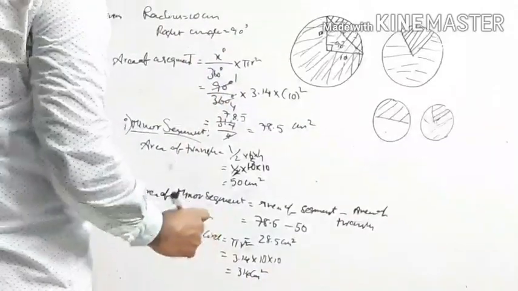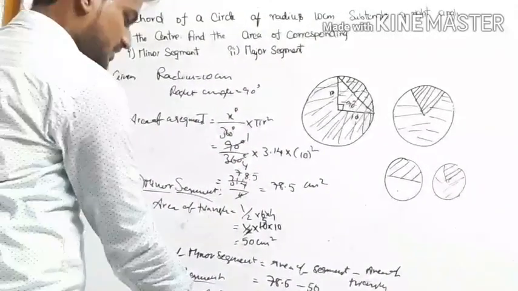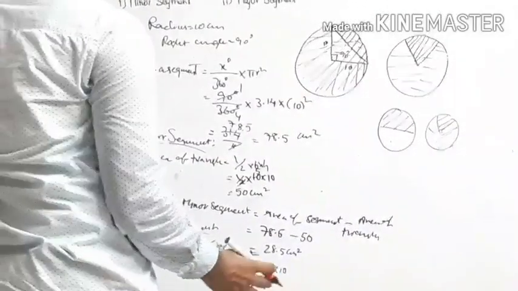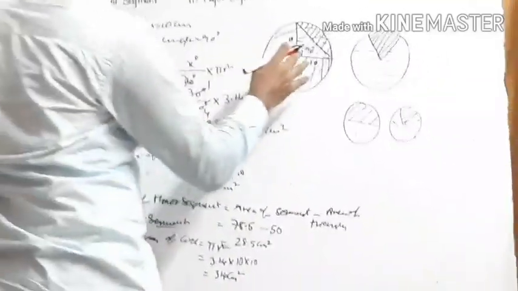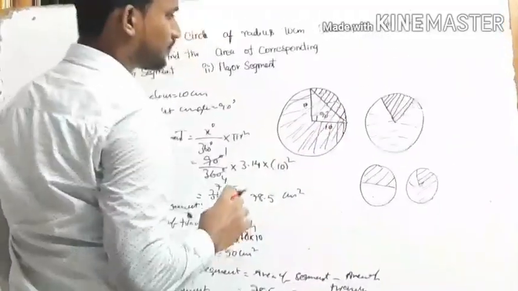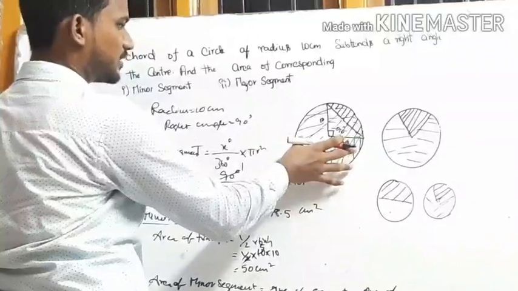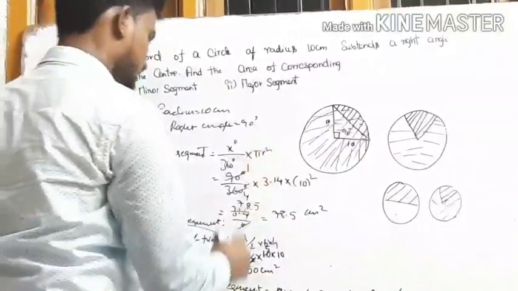From the area of the circle we can eliminate the minor segment, then the major segment will remain in the circle.